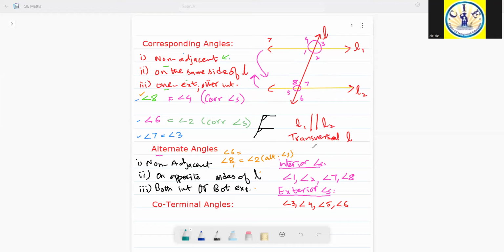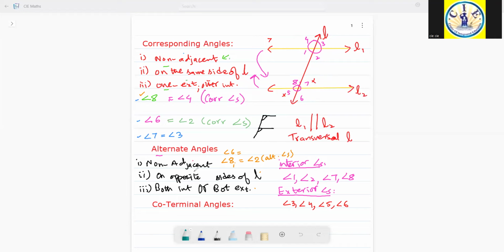It should have an alternate angle which is non-adjacent. Angle 6 cannot have angle 7 or angle 5.